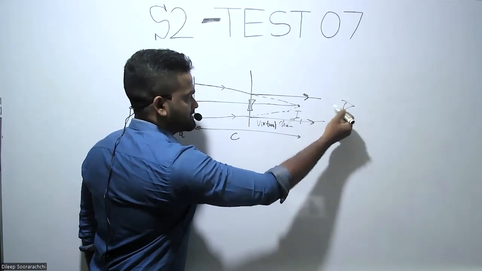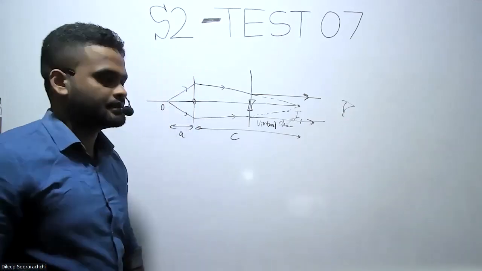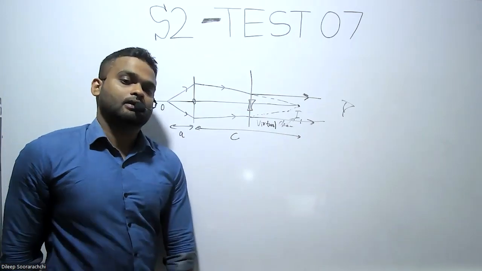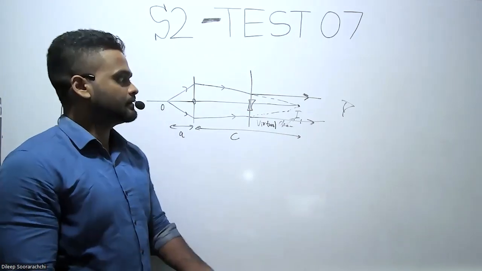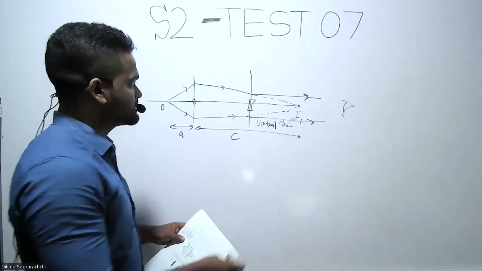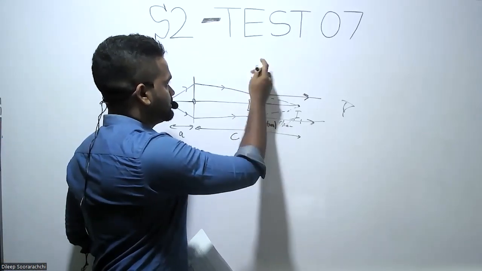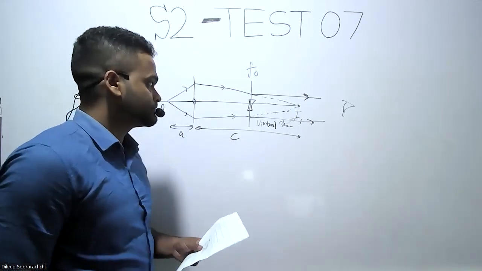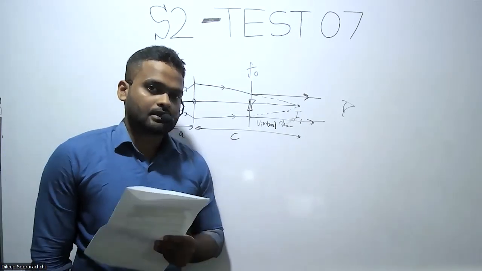So those are the rays that enter the eye. This is the key thing you have to understand. What they ask is the focal length of the concave lens.